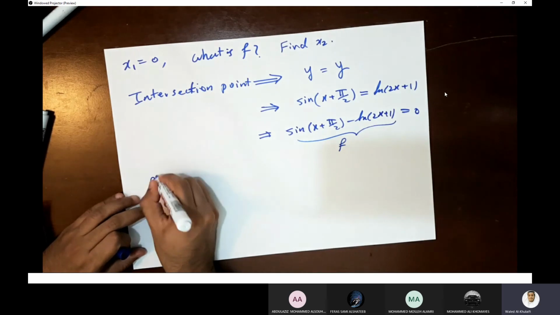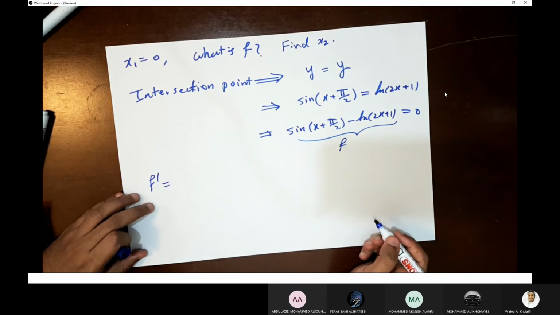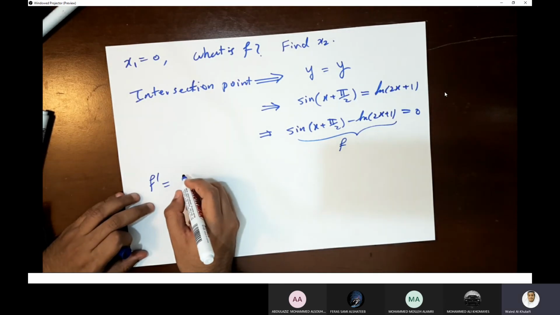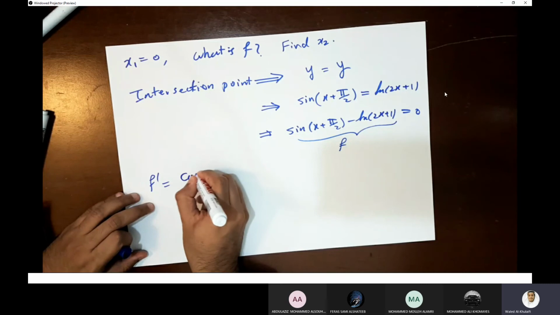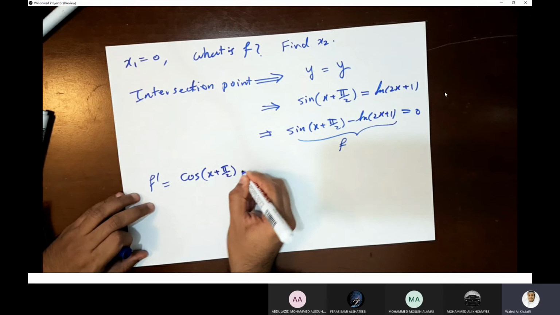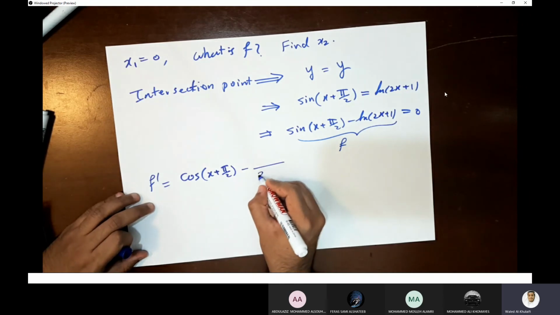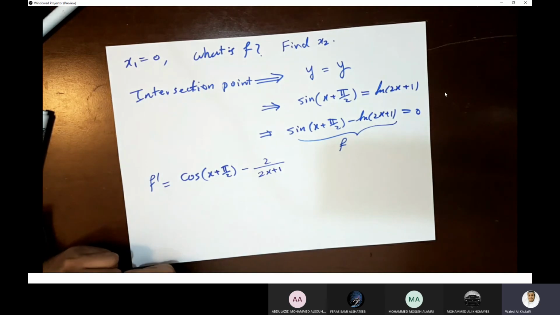So what is f prime? Abdulaziz, yes. What is f prime? Cosine of sine x plus 5 over 2 minus 2 over 2x plus 1. Very good. Okay, so we have this now.